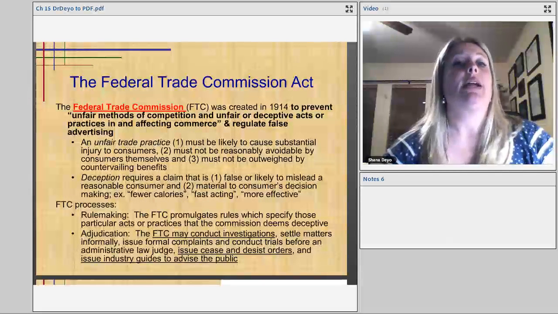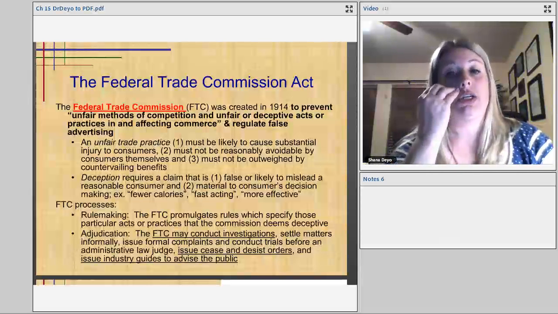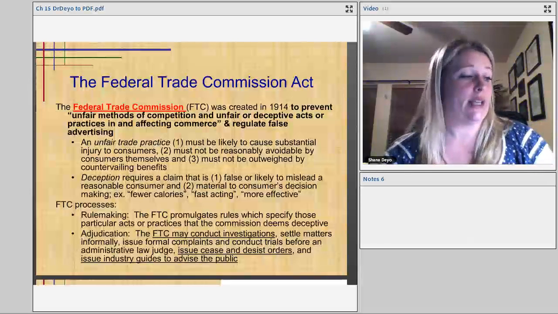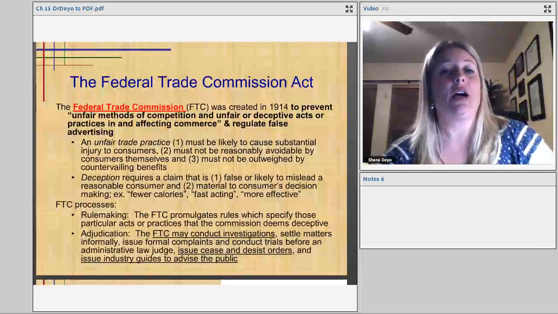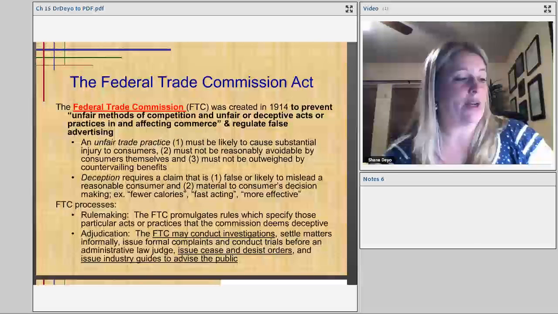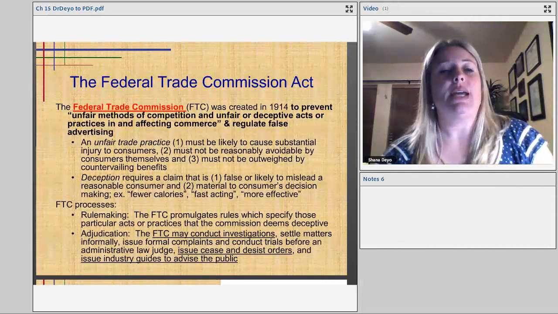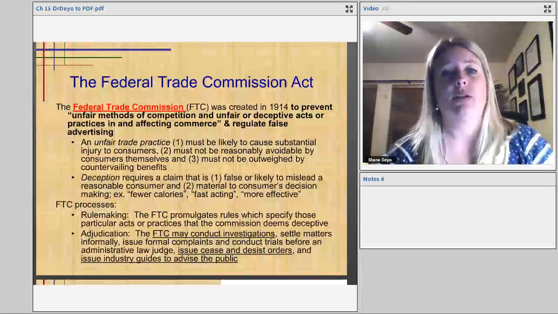The Federal Trade Commission Act, the FTC. The Federal Trade Commission was really meant to prevent unfair methods of competition and unfair deceptive acts or practices in and affecting commerce. They also regulate false advertising. So it's meant to take away unfair practices relating to trade, related to commerce.